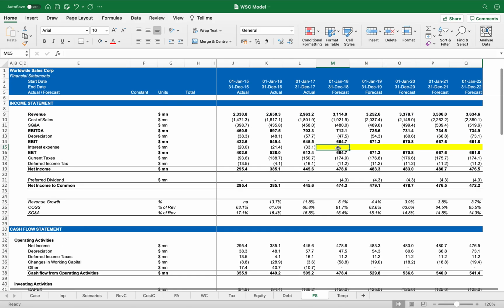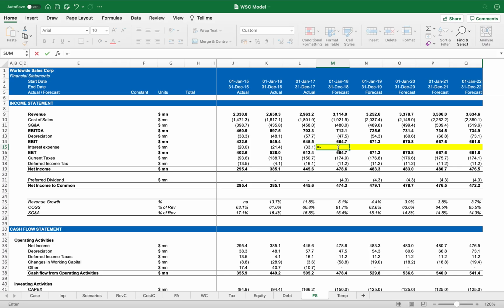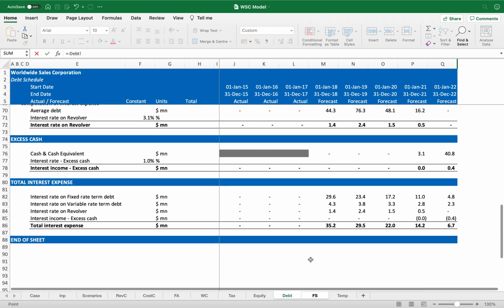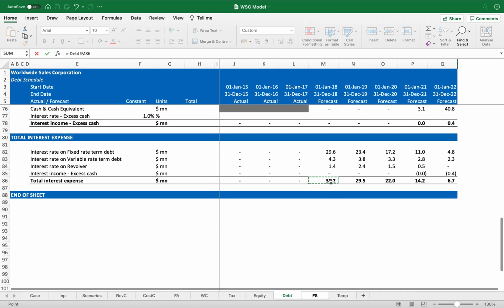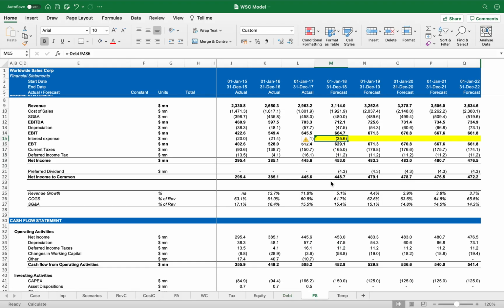Now, one thing is left, and that is in the income statement, which is my interest expense. So equals minus, and I link this to my interest expense. And I'm done.